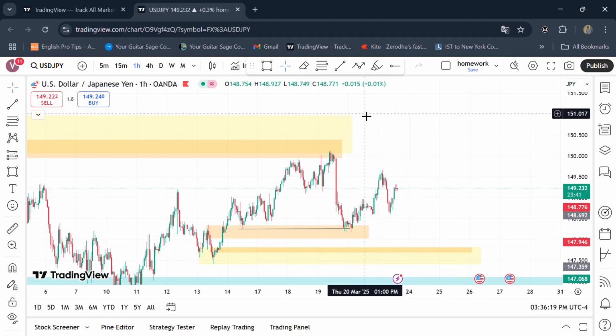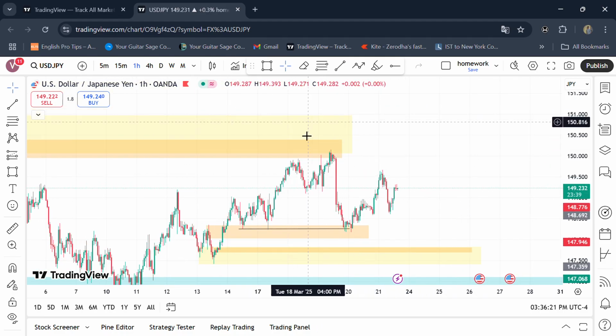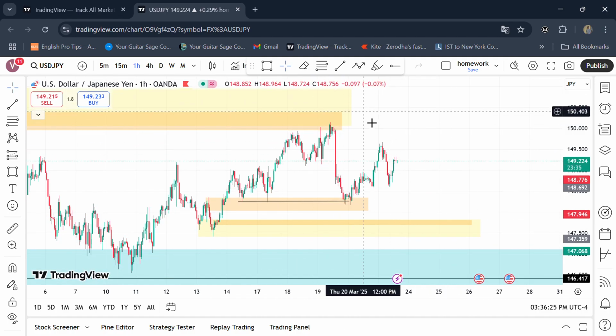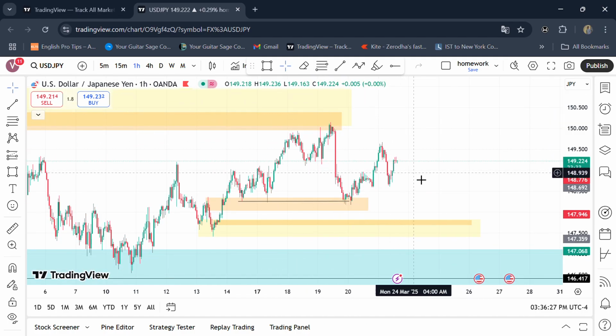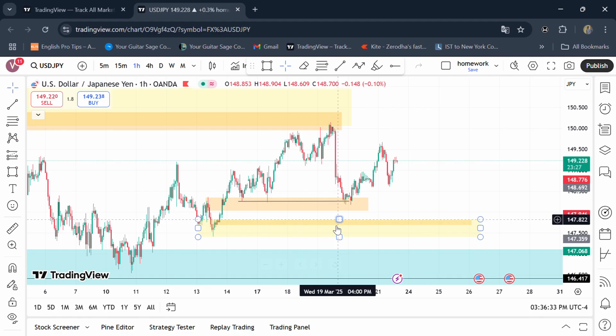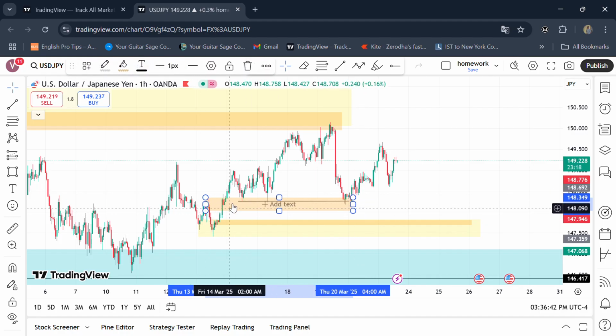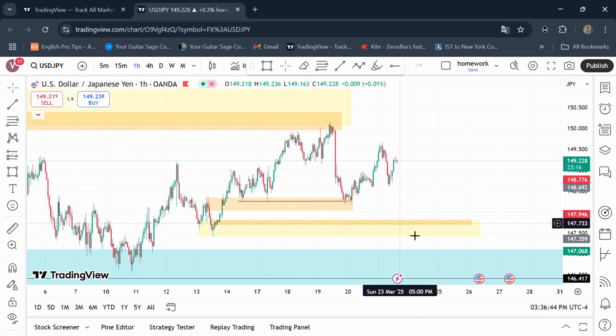Next, it got obstructed by this POI. Then the only POI that could possibly have the energy of pushing it back up was this last prime POI on 4 hour. This 1 hour POI doesn't hold that much power, even if it is a mitigation block or anything, still there is a 4 hour order block left.